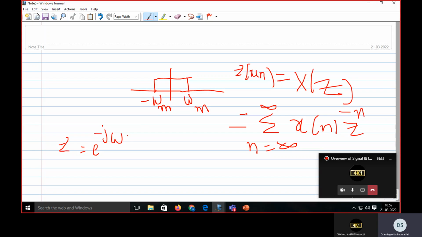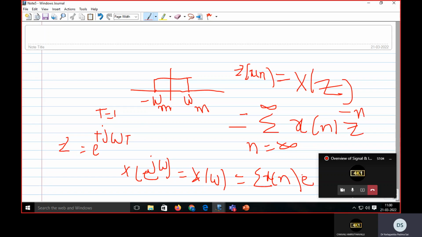In all our analysis, capital T is the sampling period, which we take as 1. So this is the discrete-time Fourier transform, X of e power j omega, equal to X of omega, which is the summation from n equal to minus infinity to infinity of x of n e power minus j omega n.